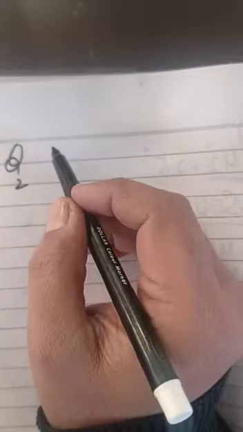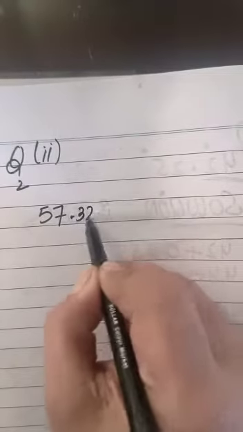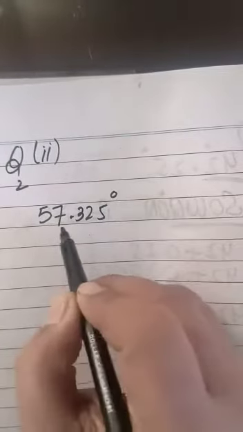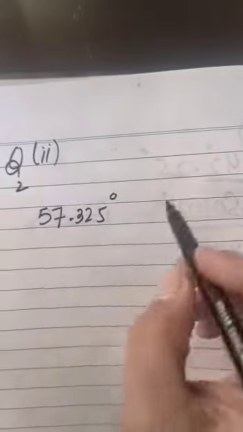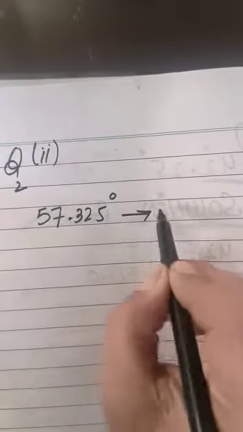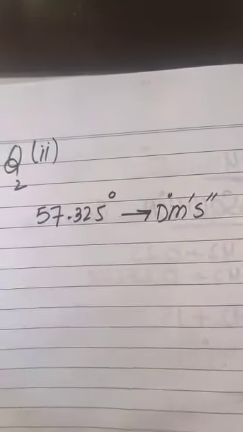We have question number 2, part second. The question is 57.325 degrees. We will convert this decimal form into DMS, into degrees, minutes and seconds.